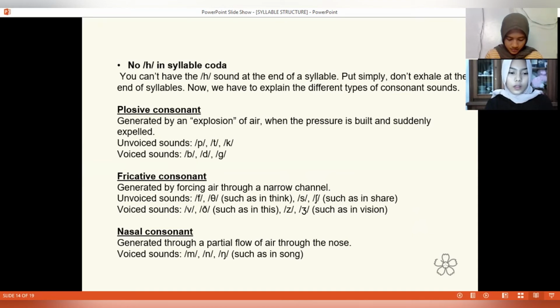And the last one is nasal consonant, generated through a partial flow of air through the nose. Voiced sounds are M, N, and ng, such as in song.